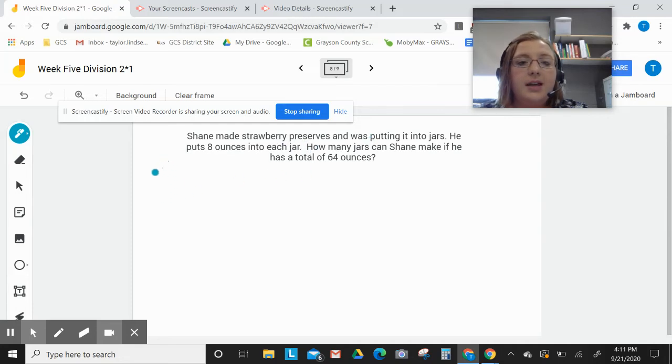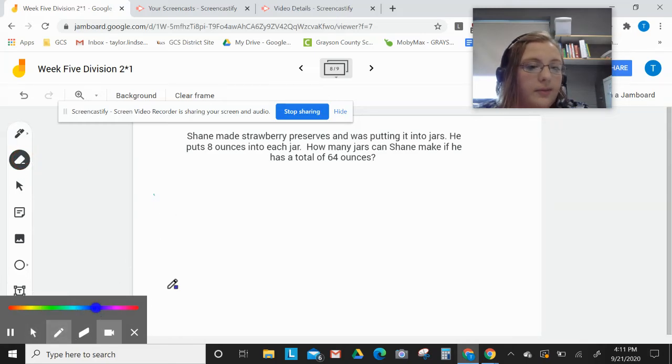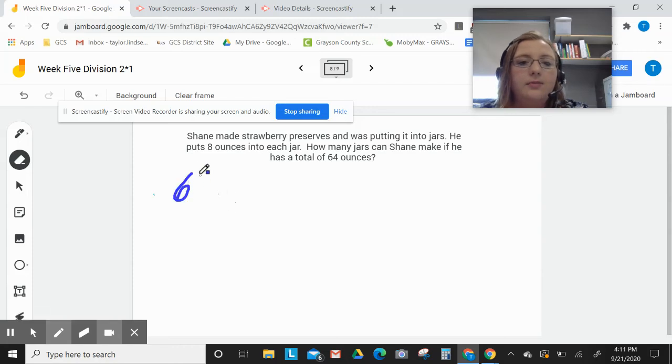So let's write this out. 64 divided by blank is equal to 8 ounces.